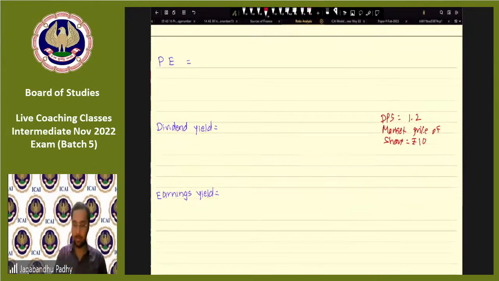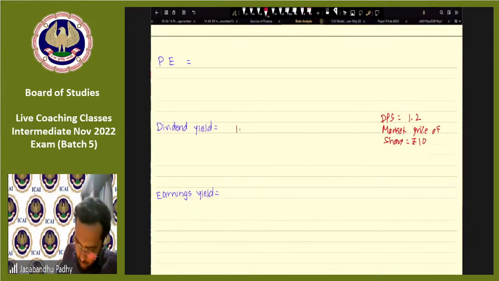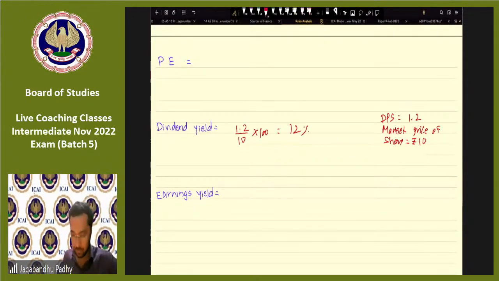By buying this share at 10 rupees, I'm getting a dividend of 1.2. So how much return am I getting? 1.2 on an investment of 10, which is basically 12%. So the formula goes as dividend per share upon market price per share into 100.